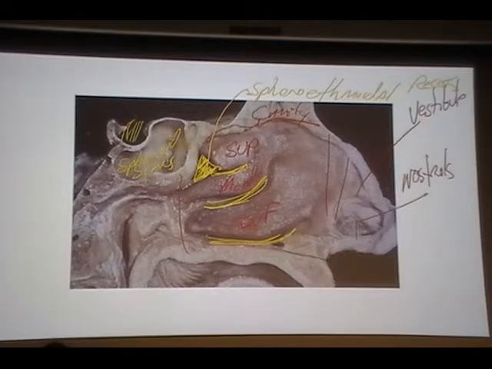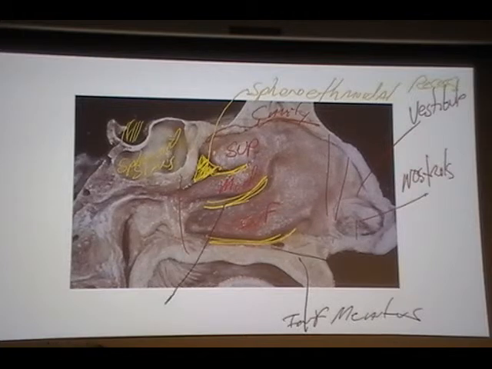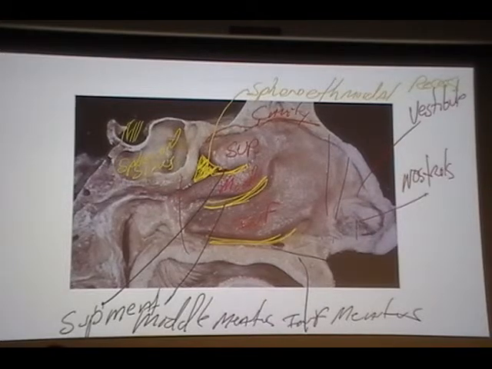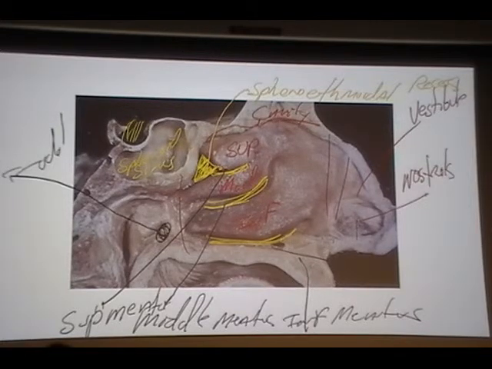Okay, so inferior hiatus, middle hiatus, superior hiatus, and then this little opening back in the pharynx, that is the auditory tube. Okay.